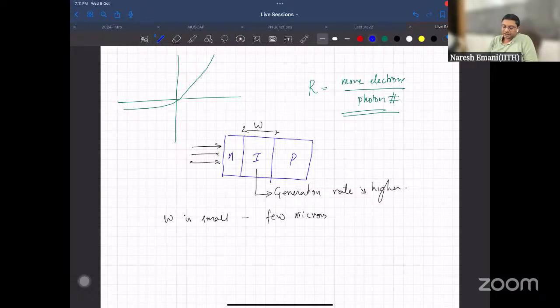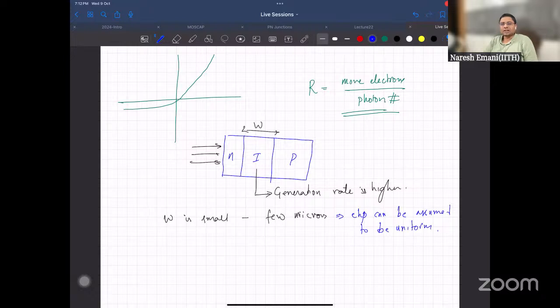Let's assume the intrinsic region width is small, a few microns. Then most likely the EHP generation is almost uniform, and can be assumed to be uniform.